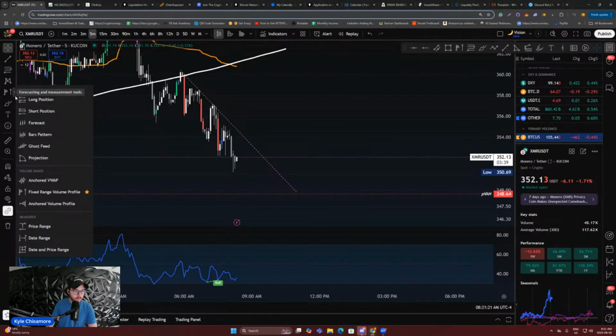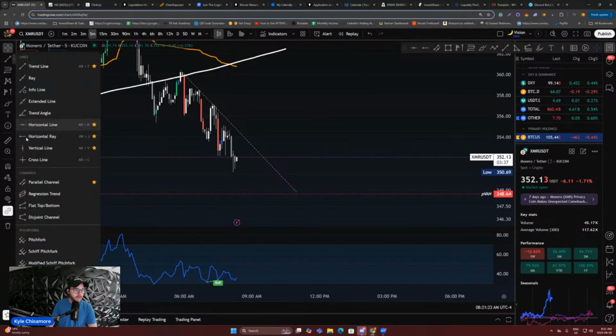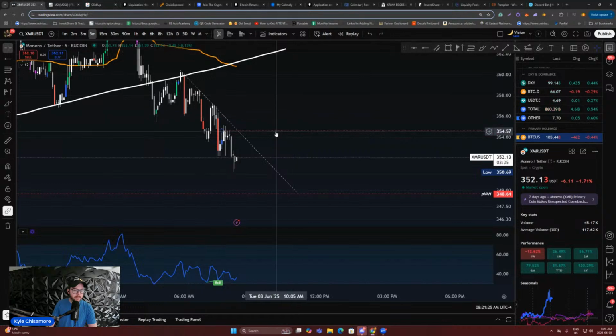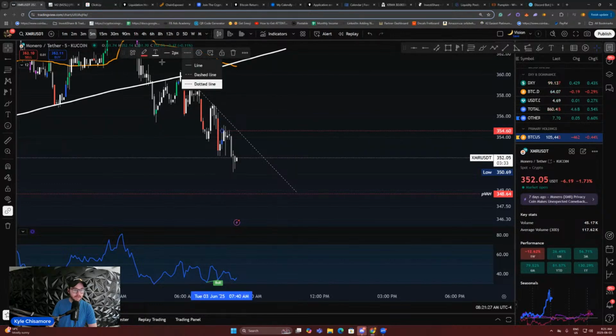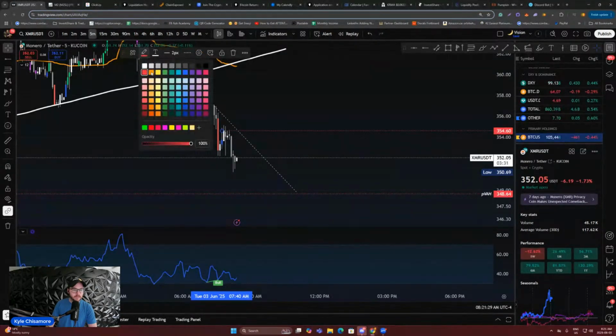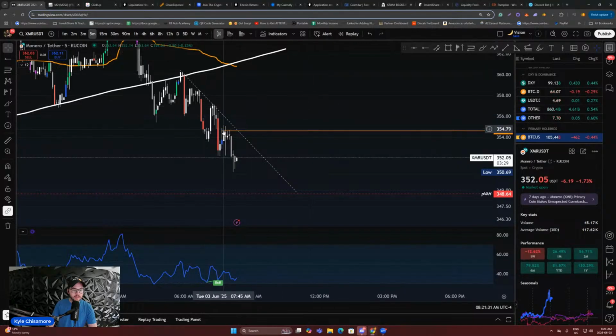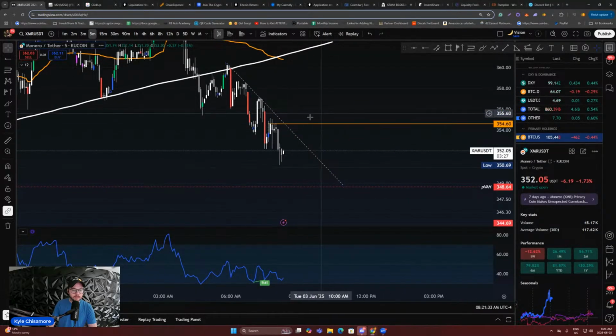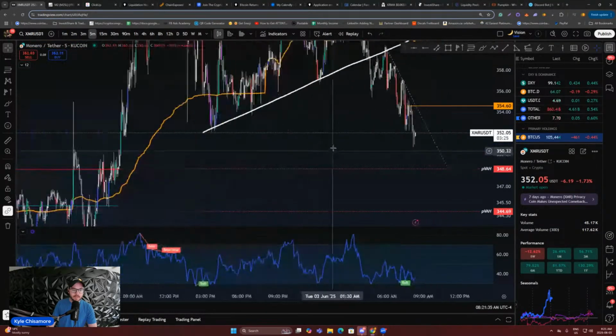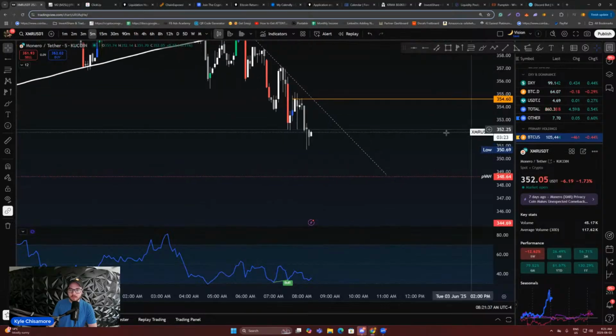Then you can use the confluence of that to help define a potential long. And right now on the 5-minute time frame, this is our change of character level.